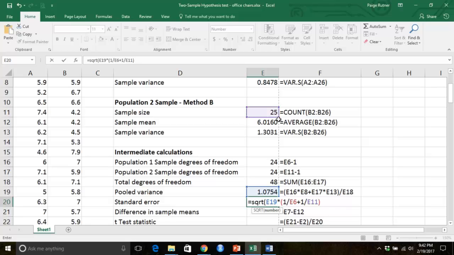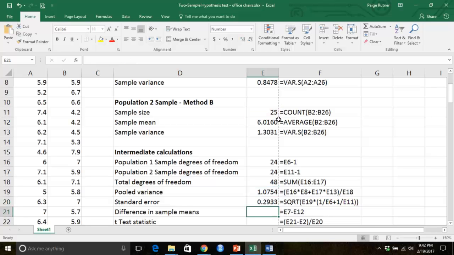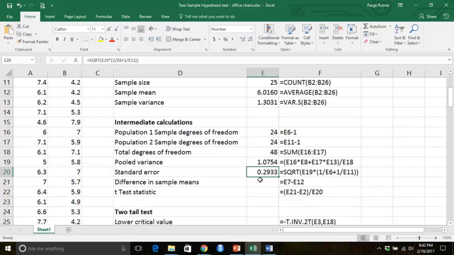Close the parentheses for the denominator, close the parentheses for the function, and I get a standard error of 0.2933. All right, so that gives me the standard error.